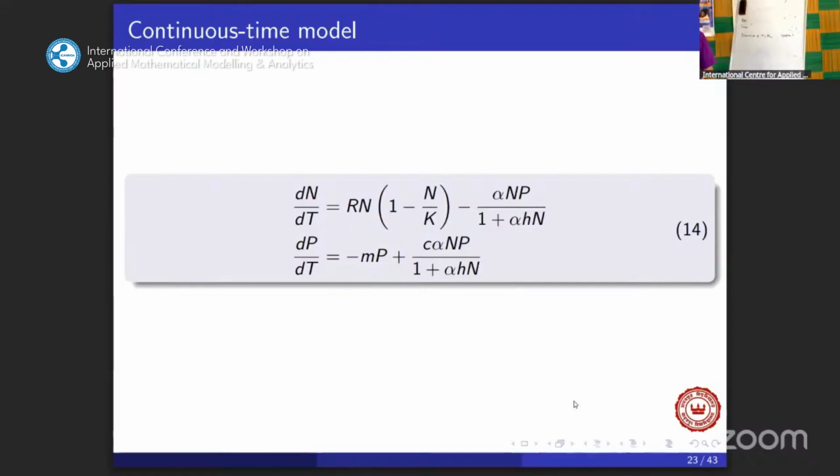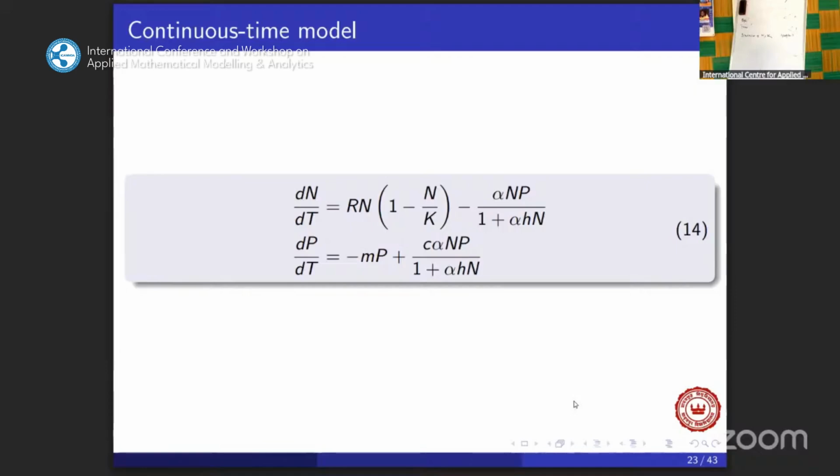And so in the first bracket we get 1, which is a number, a scalar quantity. When you divide N by K, this is also a scalar quantity. Now you see outside the bracket, it is multiplied by R and N. N is population.